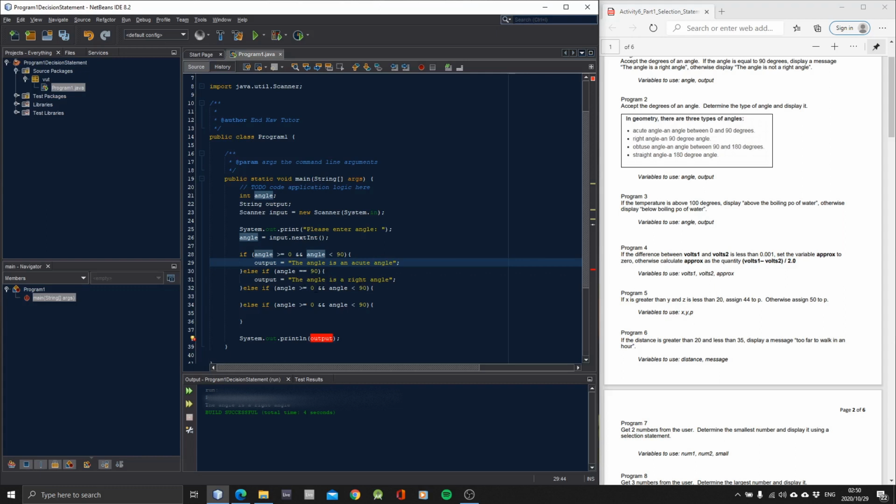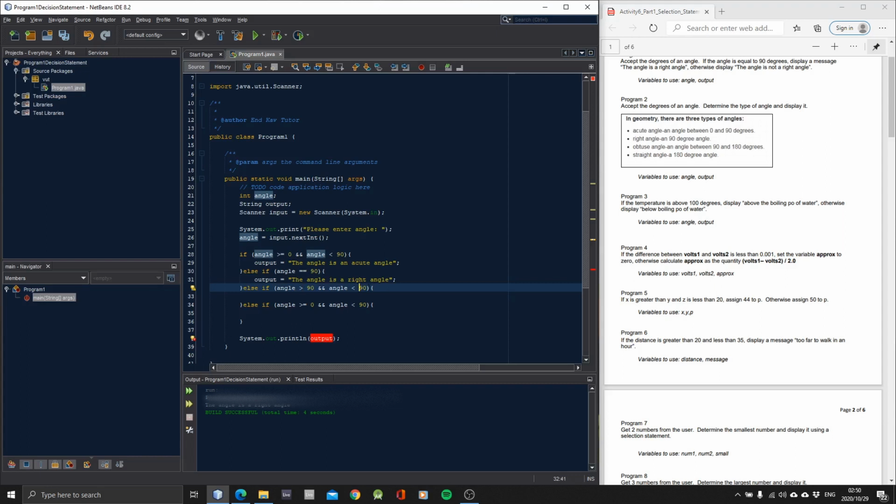Else if it's greater than 90, so let's exclude 90, because we just have to classify whether it's an acute angle, right angle, obtuse angle, or a straight line. So if it's a right angle, let's not say it's an acute or an obtuse. It's just the right angle. But either way, let's just not include it.